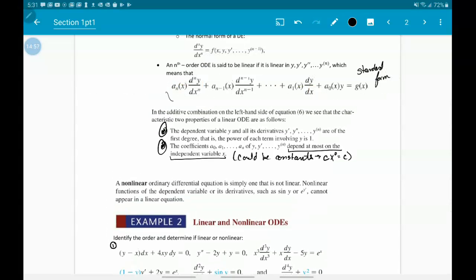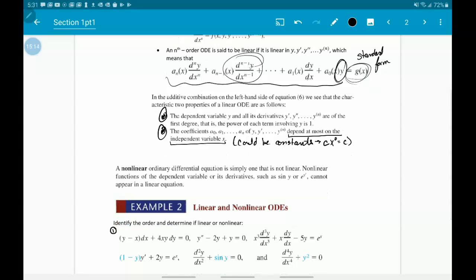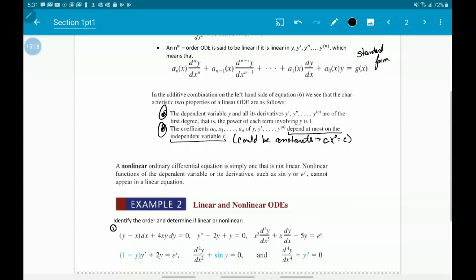We want this to have all the derivatives on one side. Notice I've got dy over dx. I would have d squared y over dx squared, and so on. And then I have all my derivatives and my y term on the left. I have everything else on the right. So let's do some tweaking here.